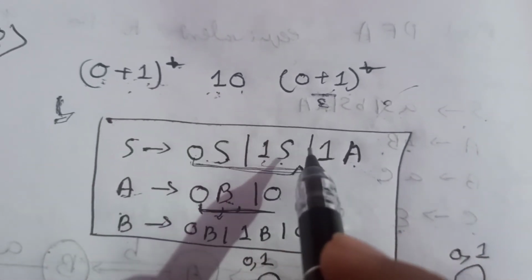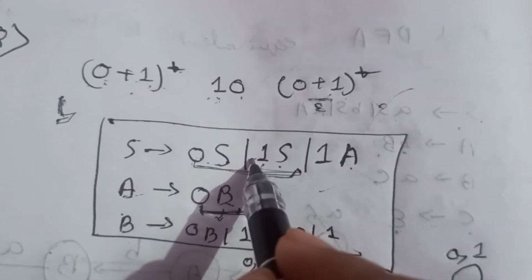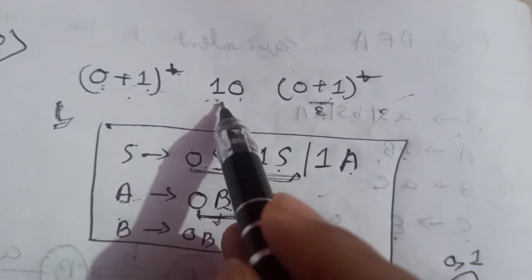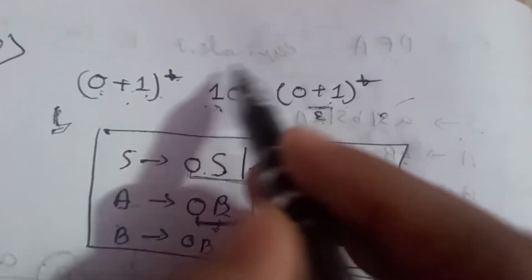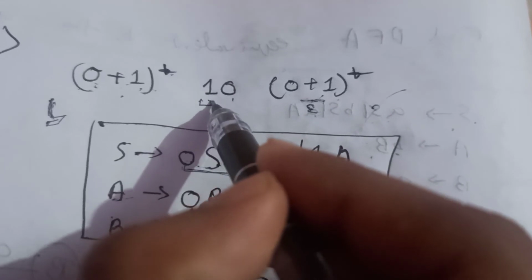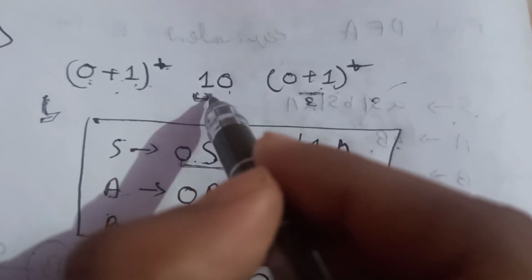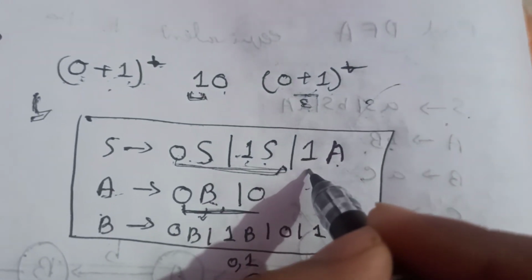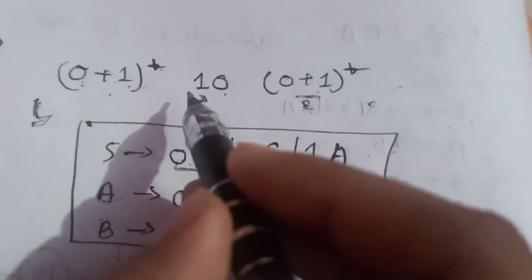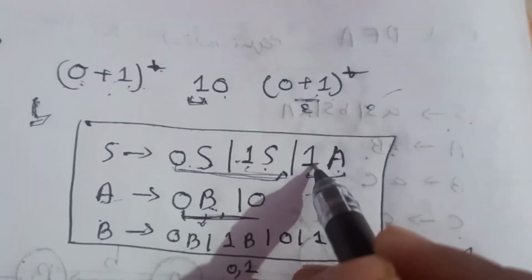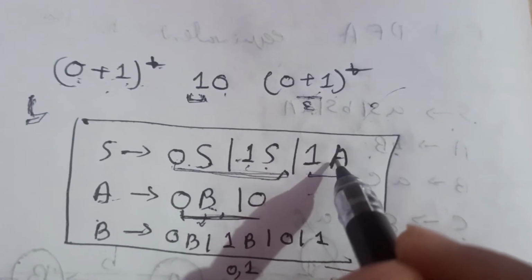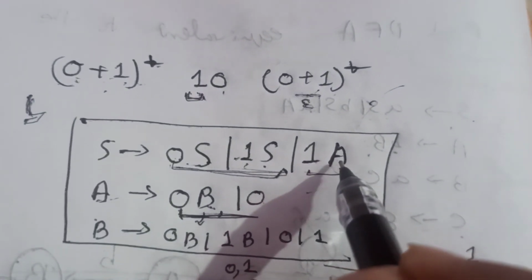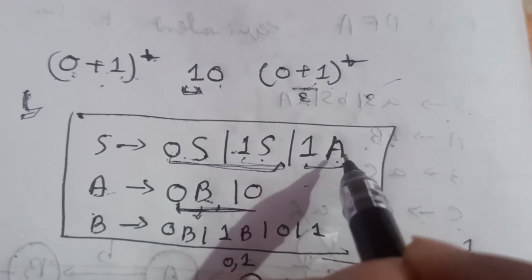So I will not write the terminal values here. Now it is reaching a new state for accepting value 1. For dealing with this particular one, I have written this production rule. After receiving 1 it will go to a new state, and I know already that this new state is not a final state. How do you know that?